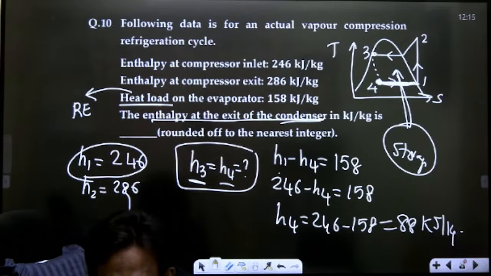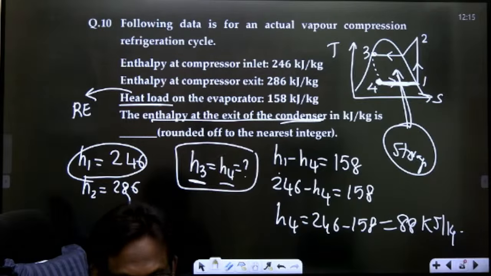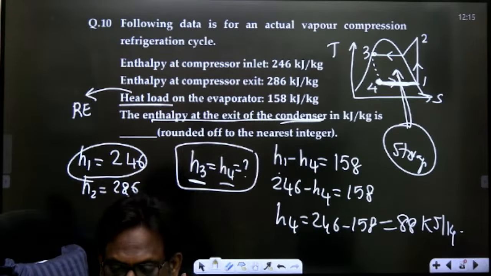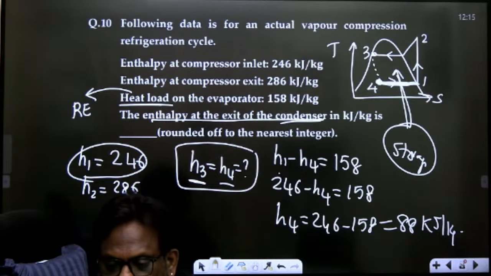If you have not understood, I'll explain again. Is the question clear? If this is clear, we'll move to the next question without wasting time.